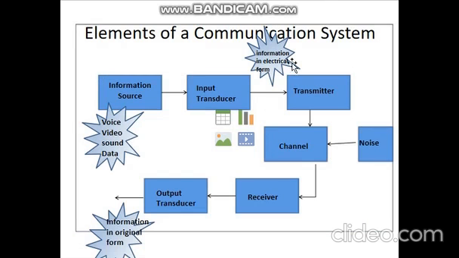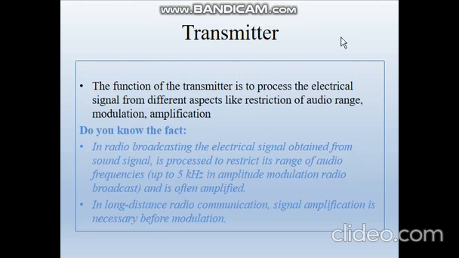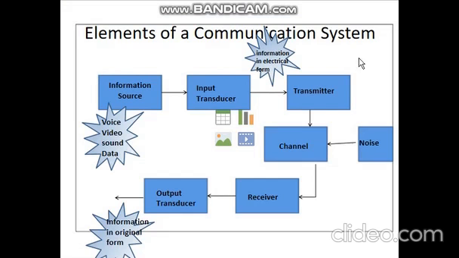Now, the electrical signal generated at the output of the transducer section is applied to the transmitter section. In this transmitter section, the electrical signal is processed, with operations performed like restriction of audio range, modulation, and amplification, and the signal is transmitted into the channel.